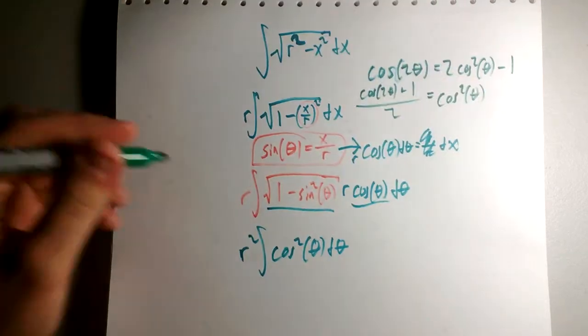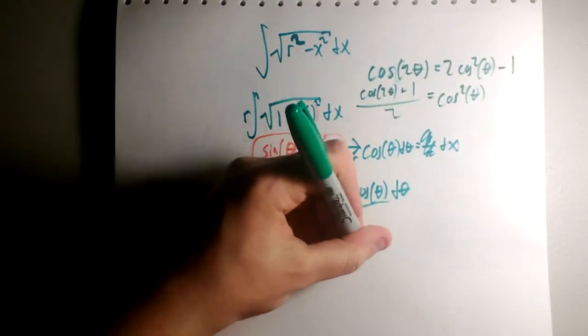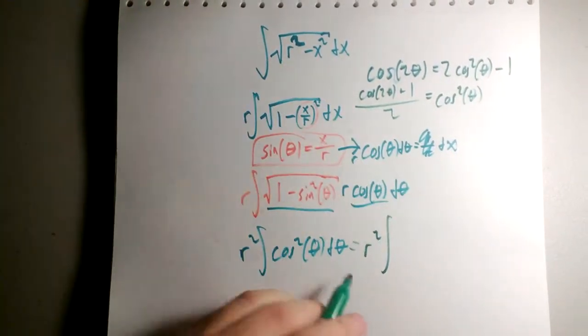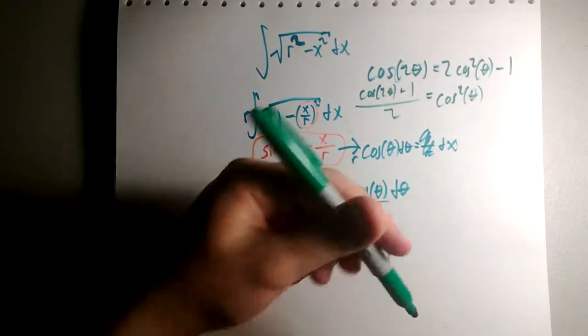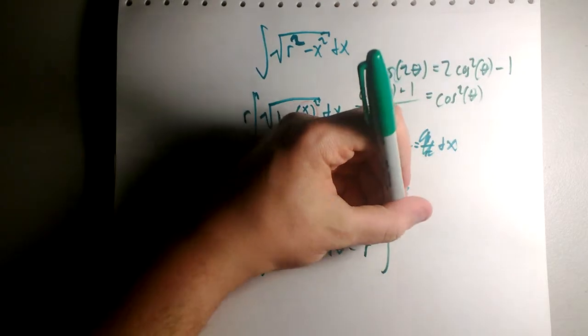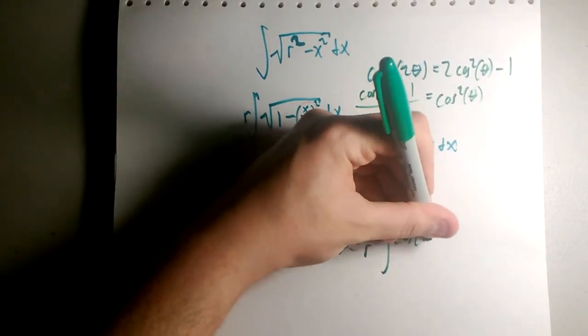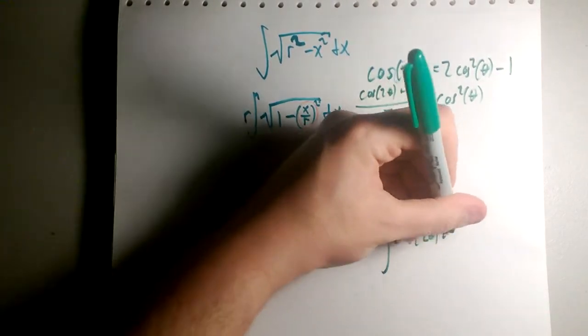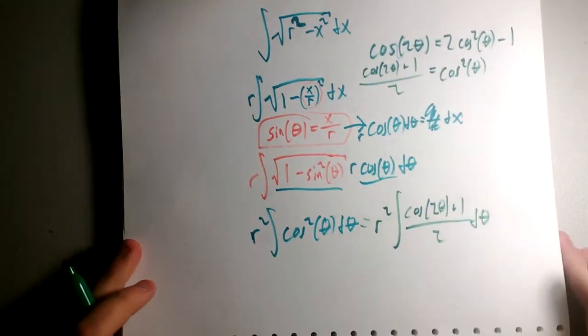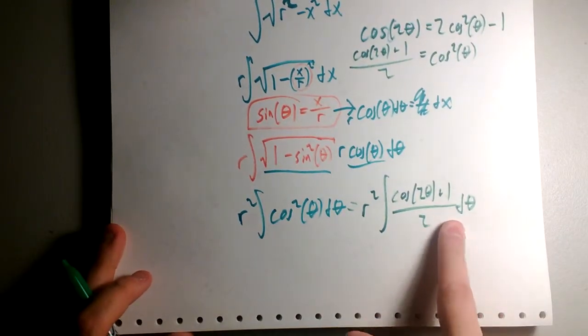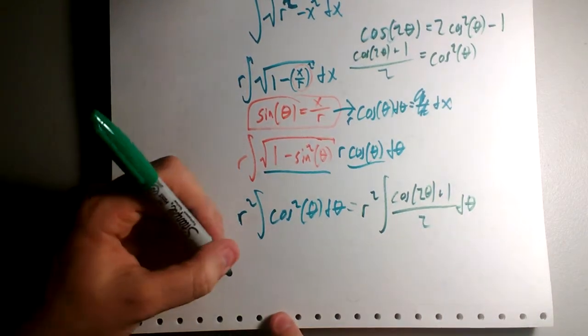Cool. So now let's replace it. We have r squared cosine squared theta d theta is equal to cosine of 2 theta plus 1, all divided by 2, d theta. So now let's distribute the division by 2.